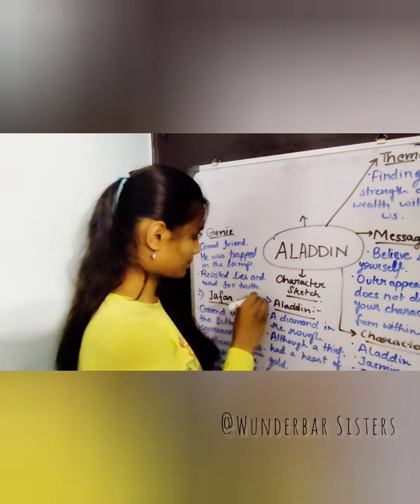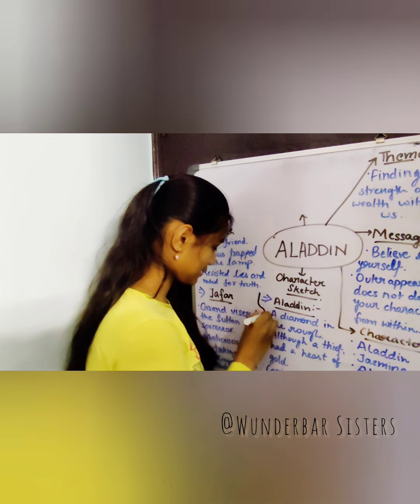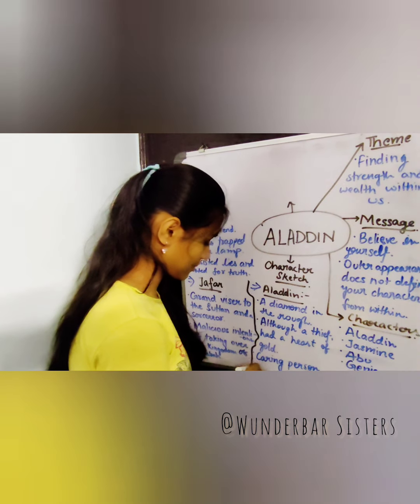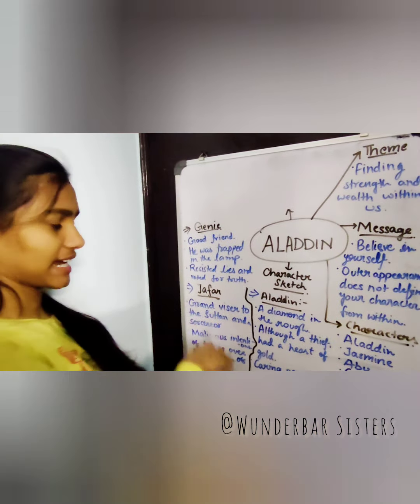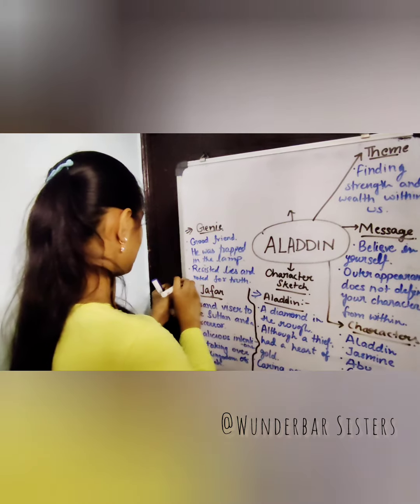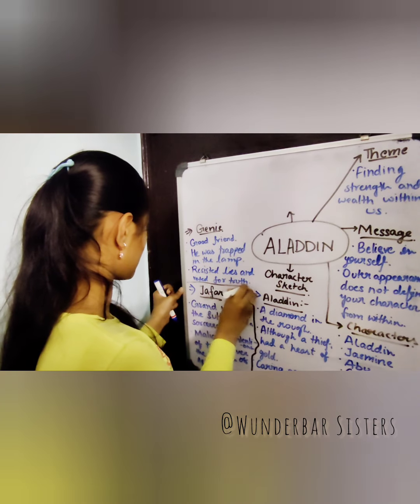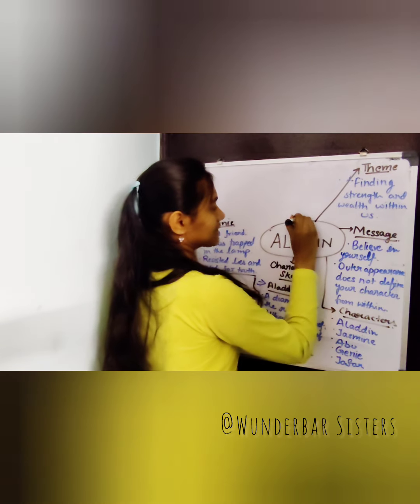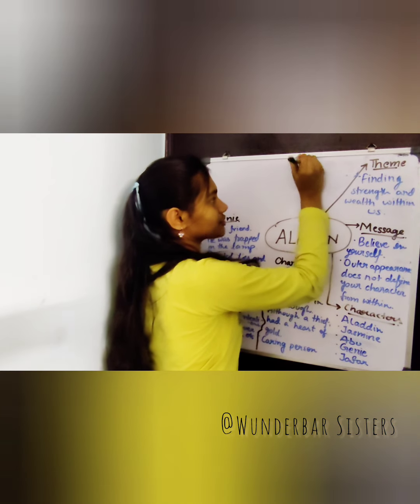Now you can add other points also according to you. I'll just make a small partition to show you that these are the two different character sketches and they don't get mixed up. Okay. So this is the character sketch of Jafar and this is for Aladdin. Okay. Now let's move on to the next point, that is the moral of the story.